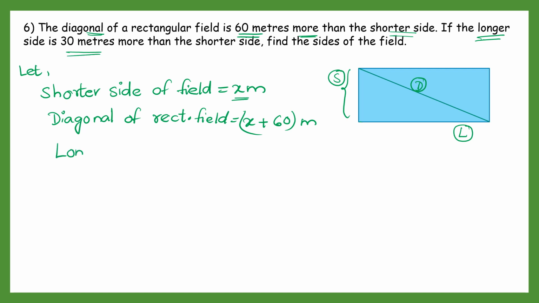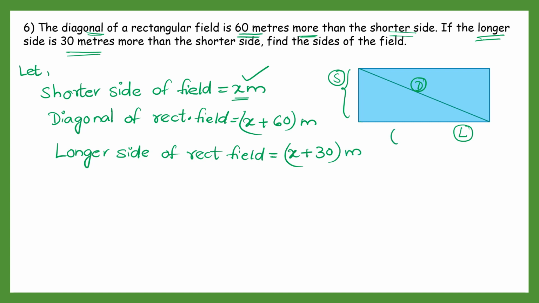So longer side of rectangular field is x plus 30 meters. Longer side value is x plus 30, shorter side value is x, and diagonal length is x plus 60. We need to find the sides of the field.